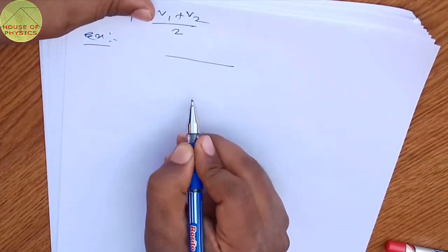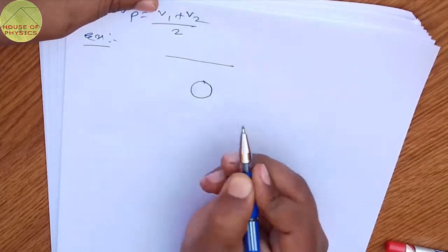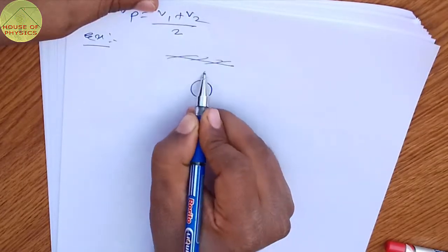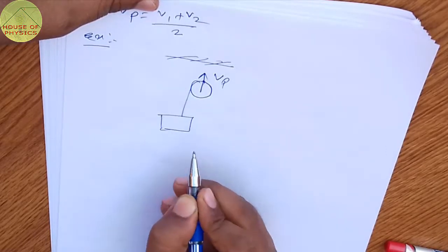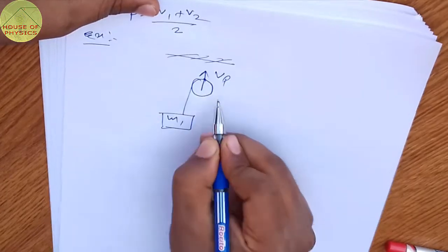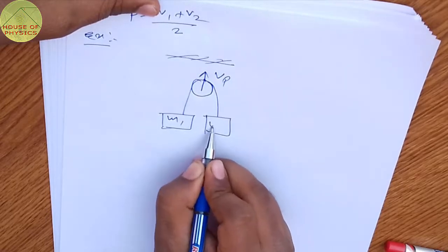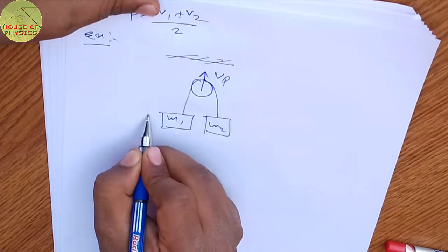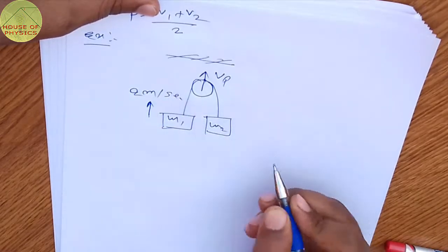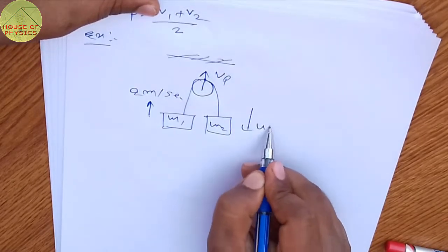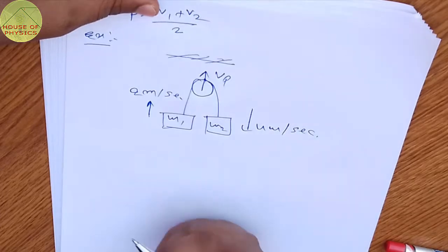I am explaining with an example, it will be clearer. Suppose this is a pulley, and this is a block, M1, and this other block is M2. This is moving with 2 meters per second, and this is moving with 4 meters per second.